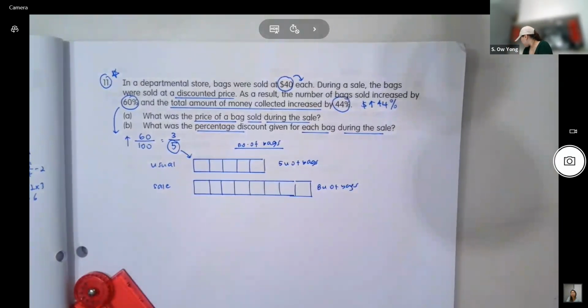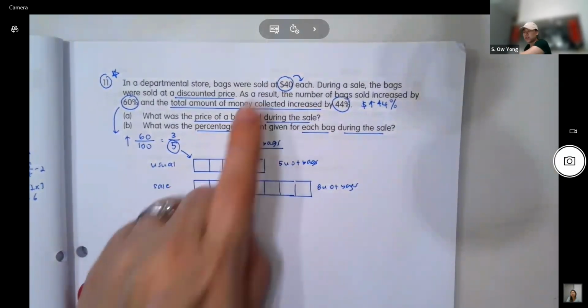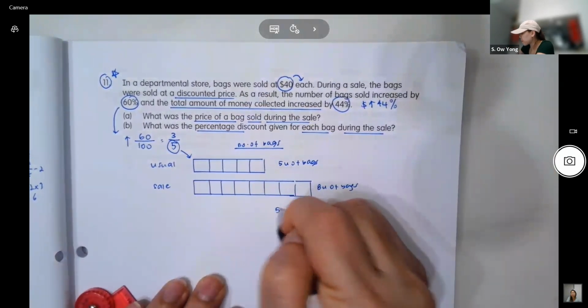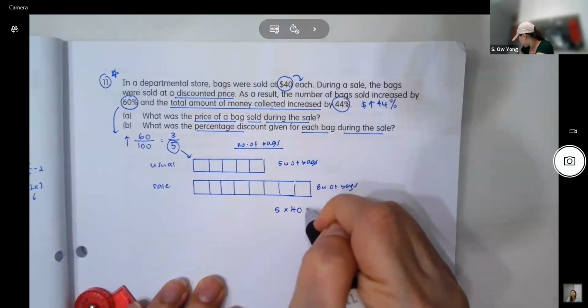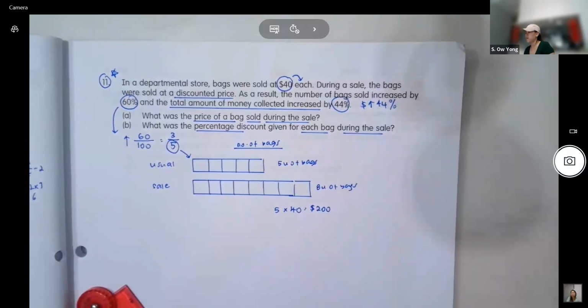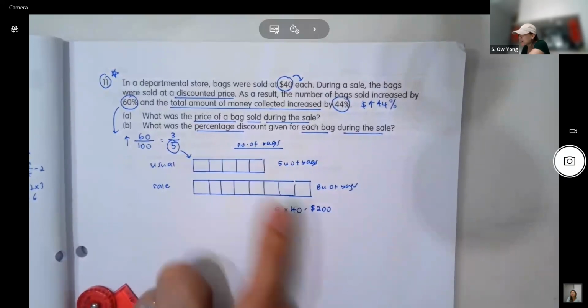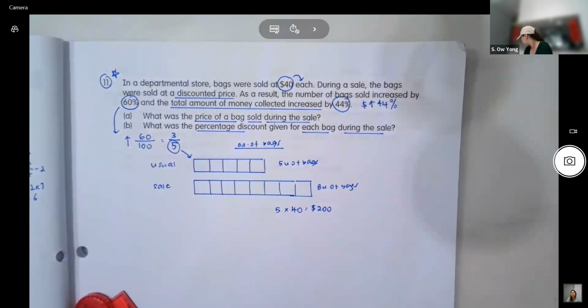Okay, so with that, we are going to find out what is 5 units times 40. 5 units times 40, you get 200.